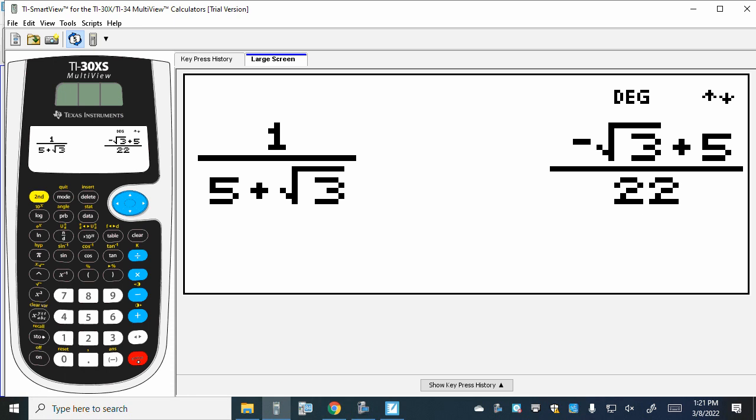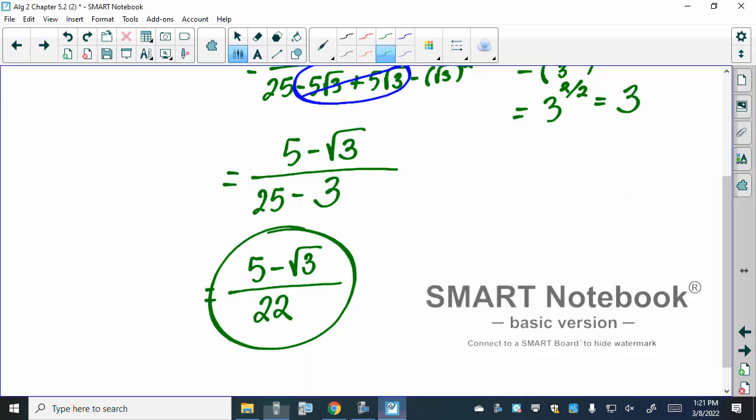Because negative square root of 3 plus 5 over 22 is the same as 5 minus the square root of 3 over 22? Well, yeah. That is negative square root of 3 plus 5 over 22. These are the same, except they flip the square root of the number. Same exact thing.